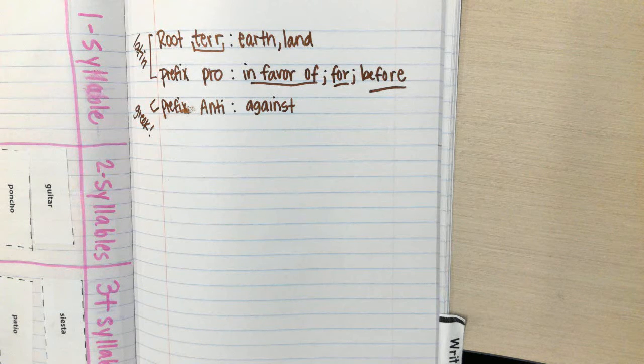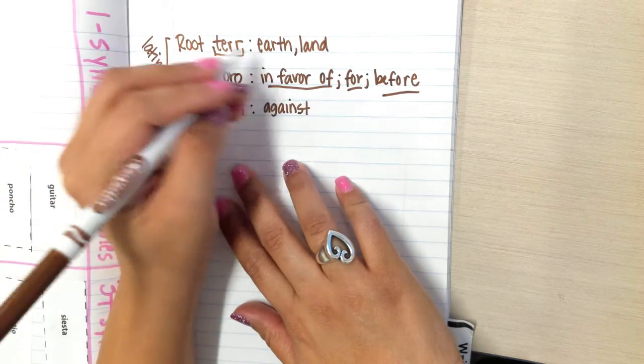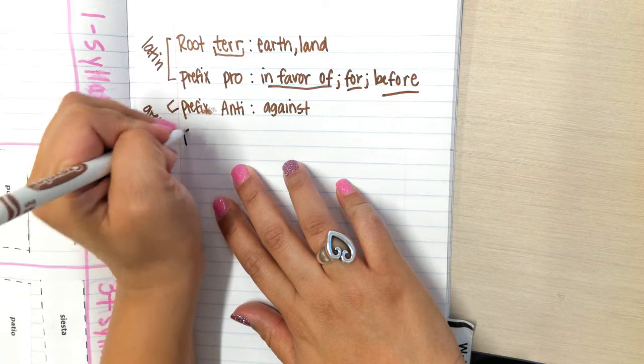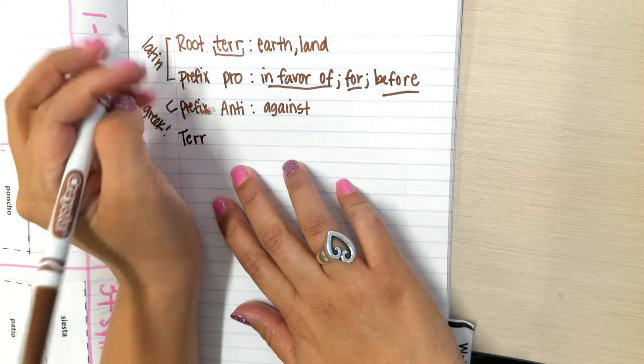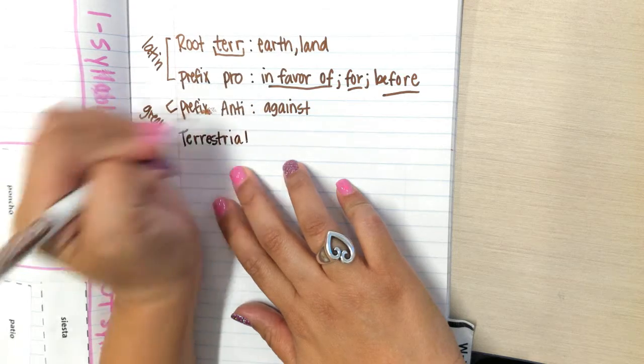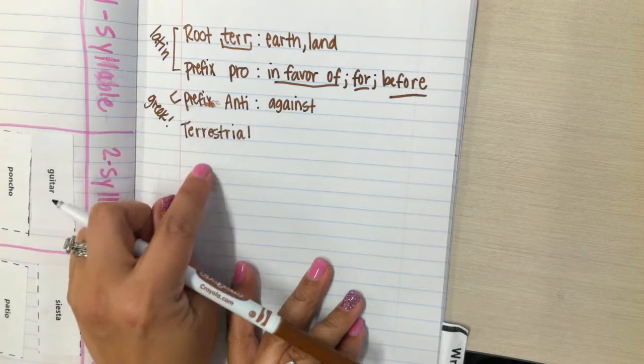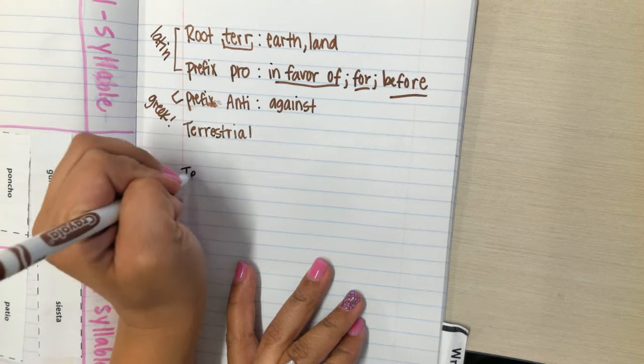Okay, so now you're going to write down this word for yourself right underneath this little mini lesson. Terrestrial. You're going to skip 2 lines, 1, 2, and you're going to write terrier.